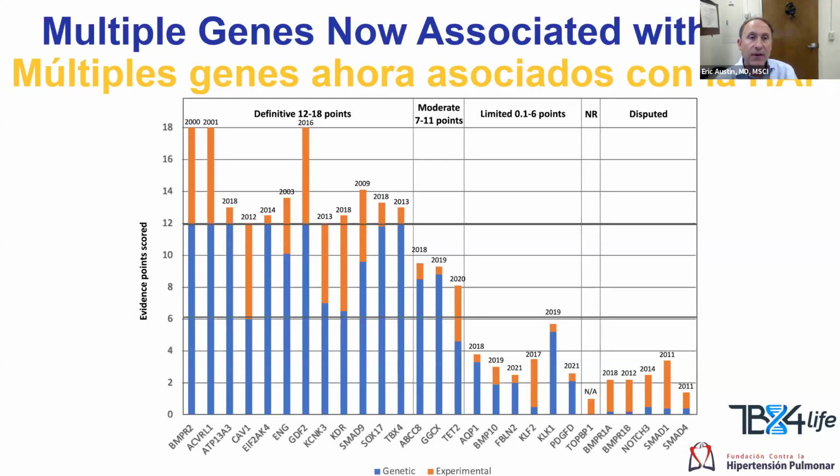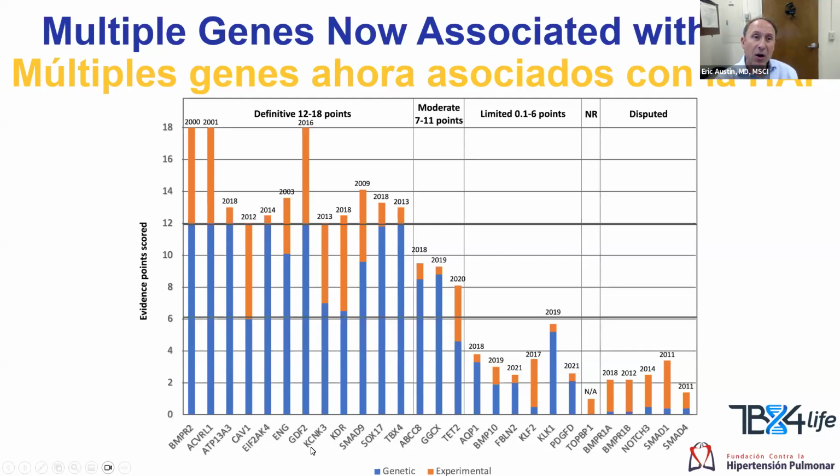That gene at the time and to this day remains the most common gene found when we look for genetic causes of pulmonary arterial hypertension and we detect them in families or patients. But as you can see on the x-axis, which is the bottom strip there, there are now multiple other genes that have been discovered that are thought to associate with pulmonary arterial hypertension.